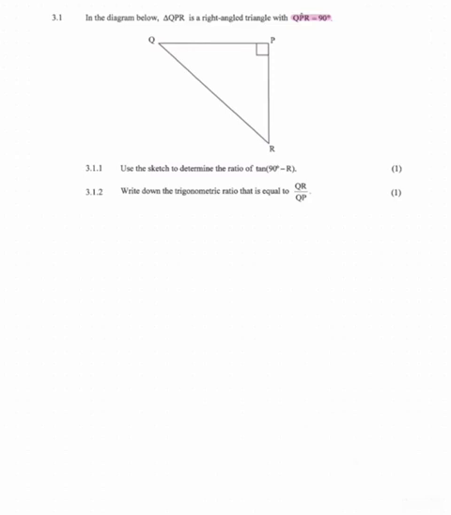We don't know the size of Q, we don't have the size of R, but we know that this is angle R. So Q has to be 90 degrees minus R, because if we take angles in a triangle, you would take your P of 90 degrees, add your R, and add your Q. And then to get Q alone, you take the other two to the other side, leaving you with 90 degrees minus R is equal to Q, because 180 minus 90 is 90.